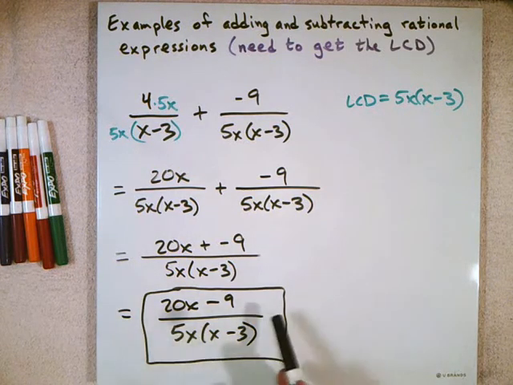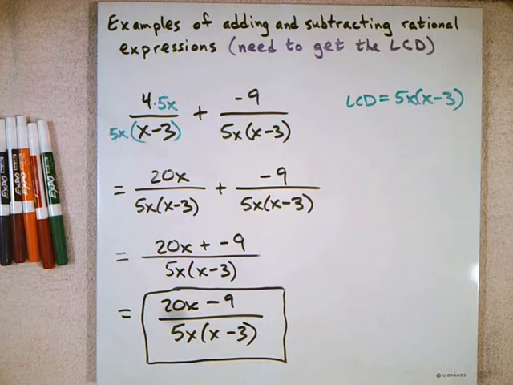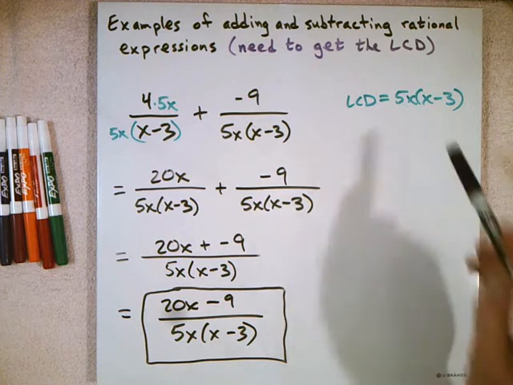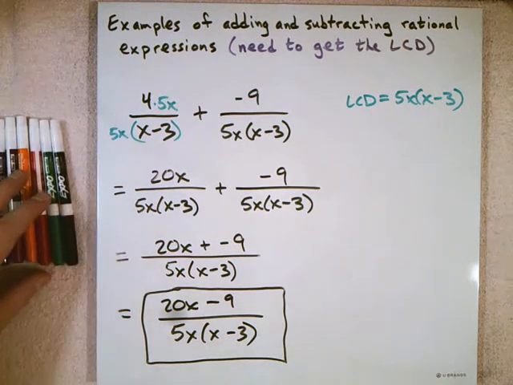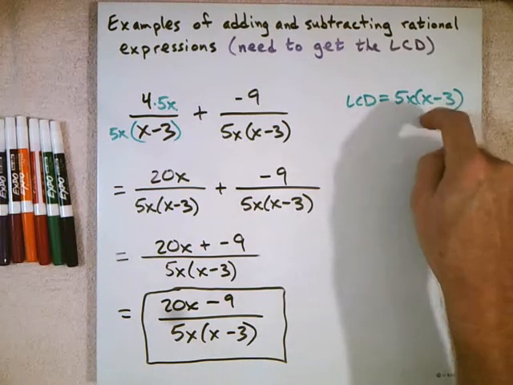So you're going to pay the piper one way or the other. My recommendation is to pay the piper at the beginning of the problem and make your LCD as simple as it possibly can be. That generally is the better strategy because it'll avoid getting you into a factoring situation at the end that might be more complicated than you can handle at this point. I find that to be the preferable strategy. Get that LCD as simple as it can be, and it pays off nicely at the end.